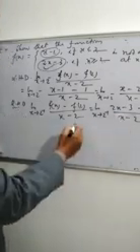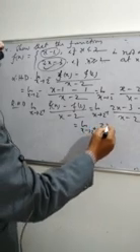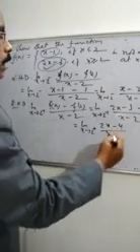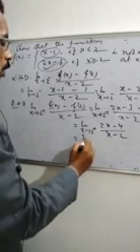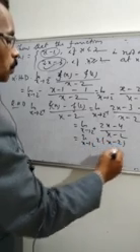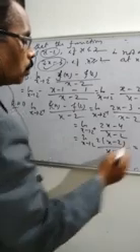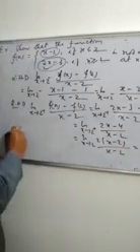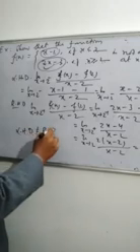Hmm, for this case the limit x tends to 2 plus is 2x minus 4 by x minus 2. If we take 2 common, limit x tends to 2 of 2 times x minus 2 by x minus 2, this value will be 2.